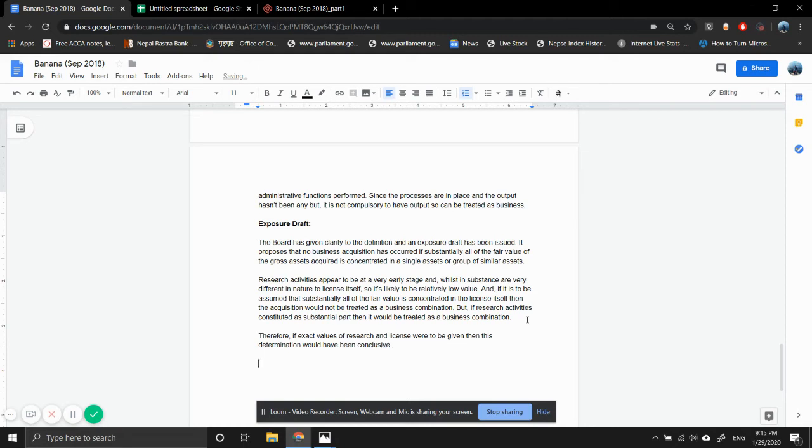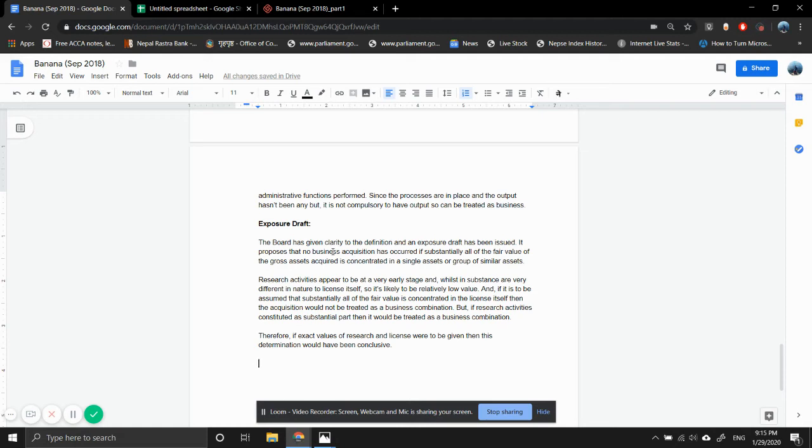Okay, having said that, we just need to look at whether the substantial value has been concentrated in a single asset or not. If it is concentrated within a single group of assets, it's not a business acquisition. If it is not, then it is a business.